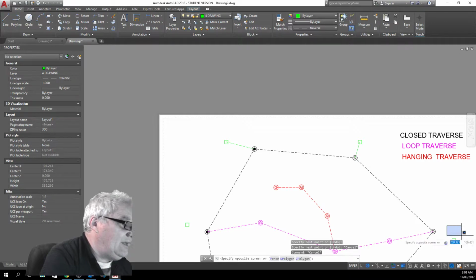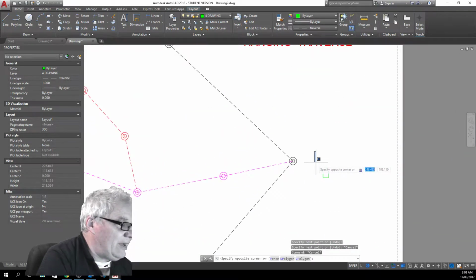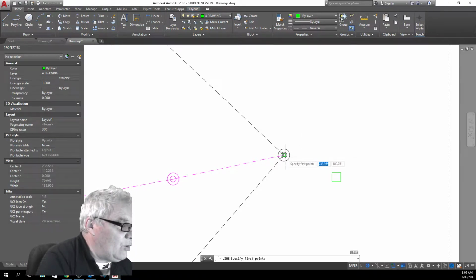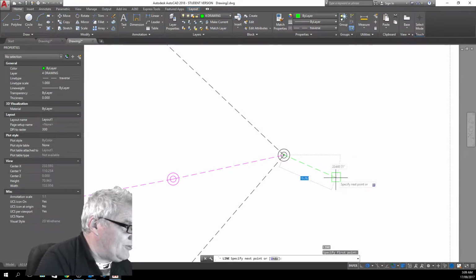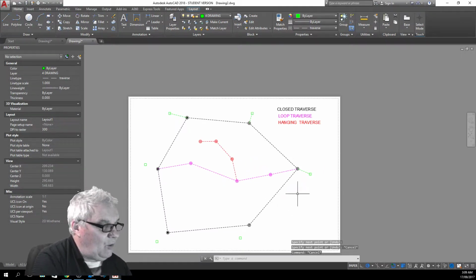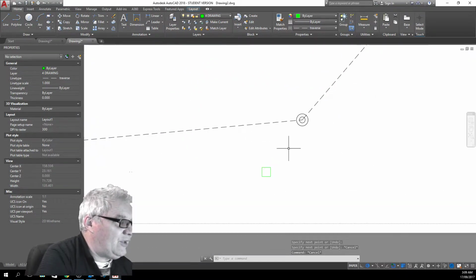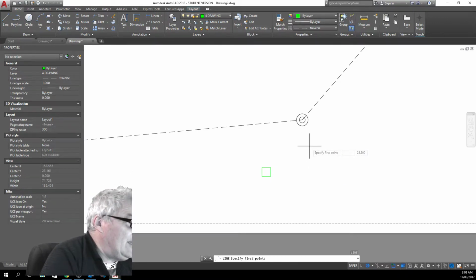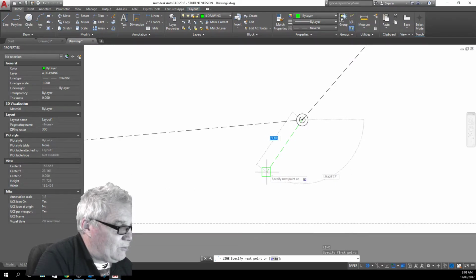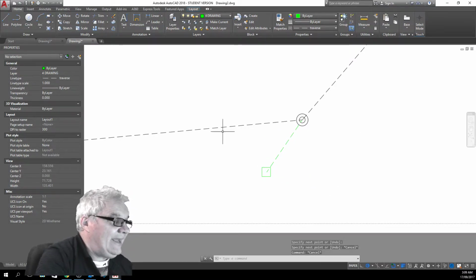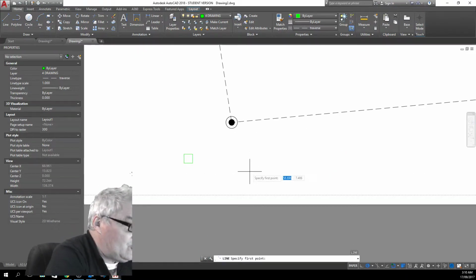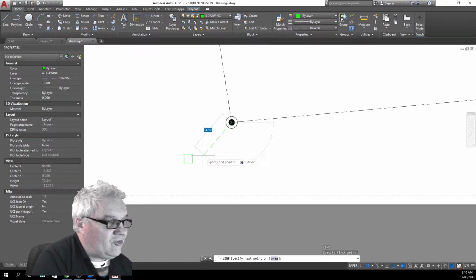There's nothing much to check them against at all, so it's very easy to make errors doing these radiations out to various things. And again, the whole to the part comes into it. If you're thinking about a topo drawing, you can see that we do a lot of radiations out to various points, and there's no independent check.